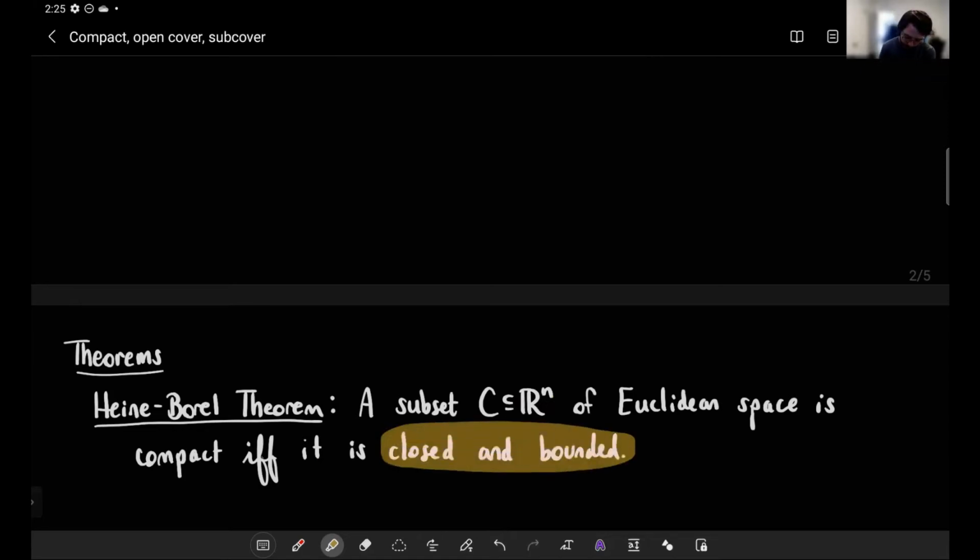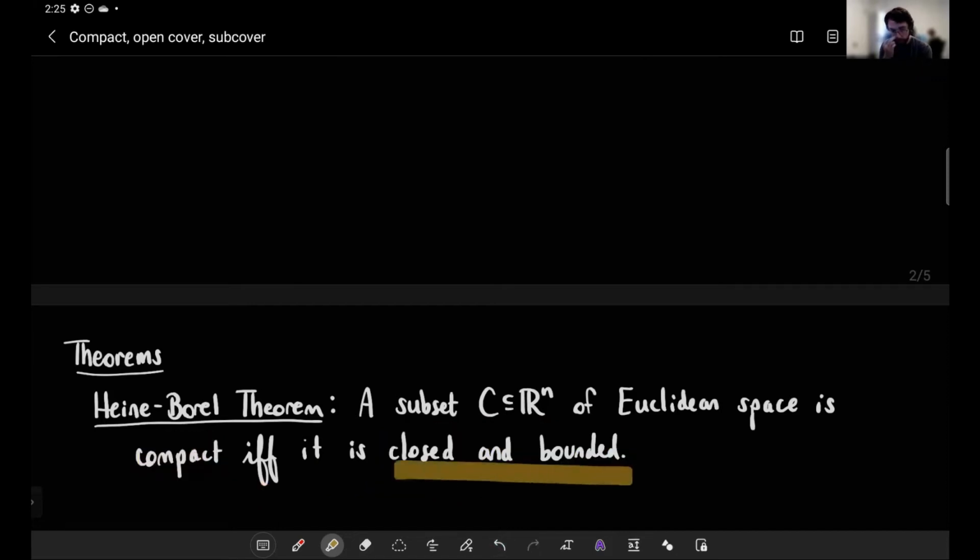So that's a pretty powerful statement. It's an if and only if, which means if you know it's compact, you can automatically say it's closed and bounded, and vice versa. If you can prove a set in R^n is closed and bounded, that tells you it's compact.